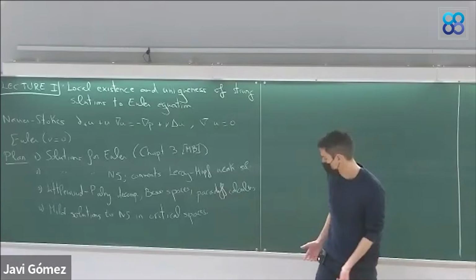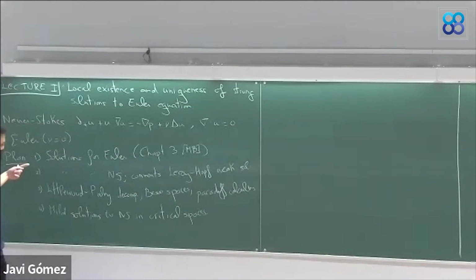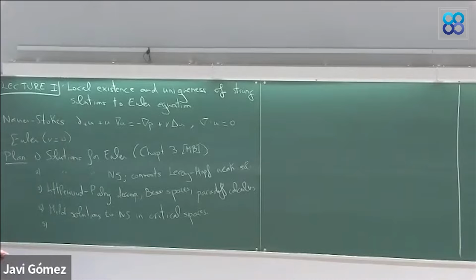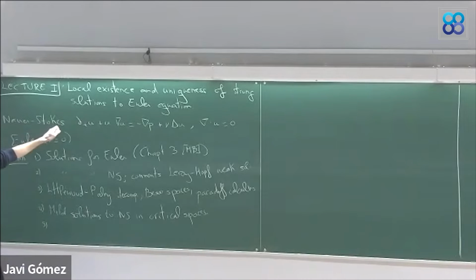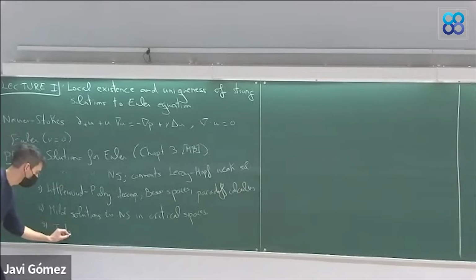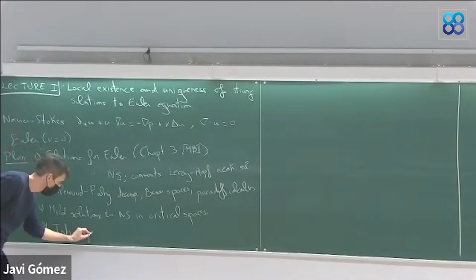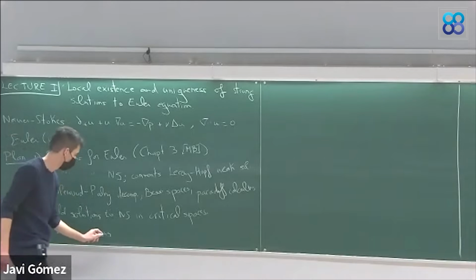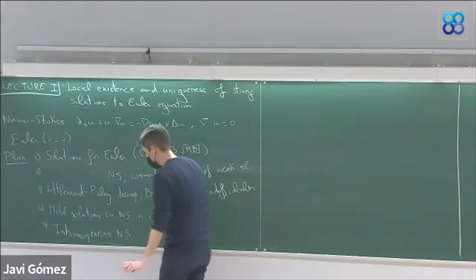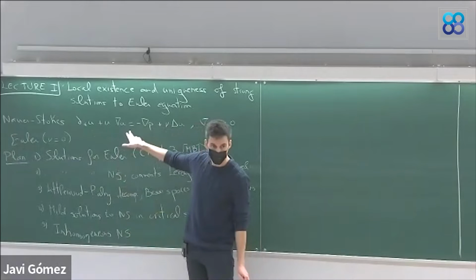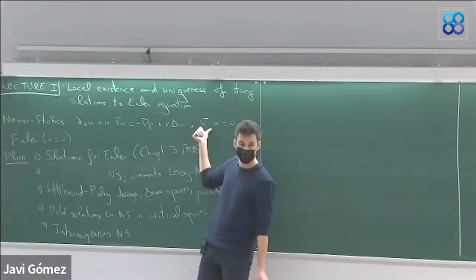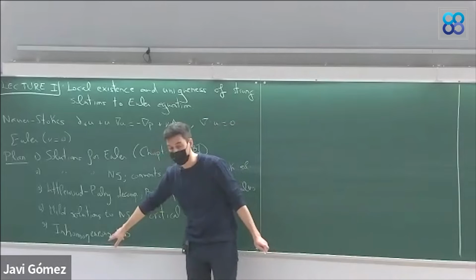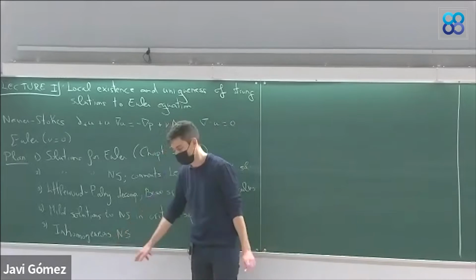And depending on the time, because I don't know if this will correspond to exactly one lecture or not, on the last 2 days or so, I will comment on a variation of Navier-Stokes when we have density that is not constant, the so-called inhomogeneous Navier-Stokes. And although the density will not be constant, I will still keep the incompressibility condition. So I should say incompressible, inhomogeneous Navier-Stokes.